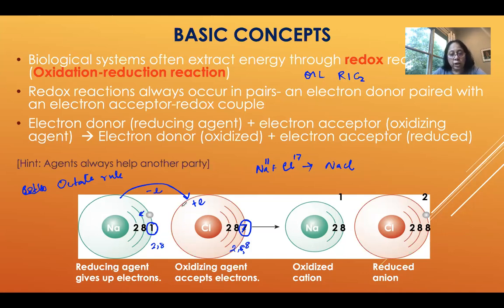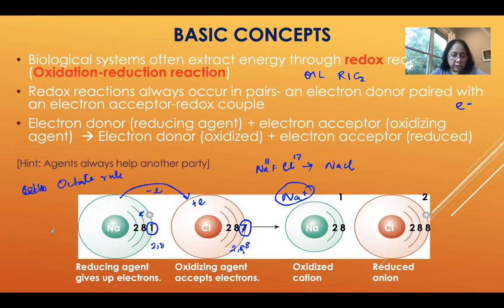When sodium donates an electron, it becomes Na plus, because an electron has one negative charge. So if it loses 1 electron, it converts into a sodium ion. It's not an atom anymore. Okay, it's an ion.